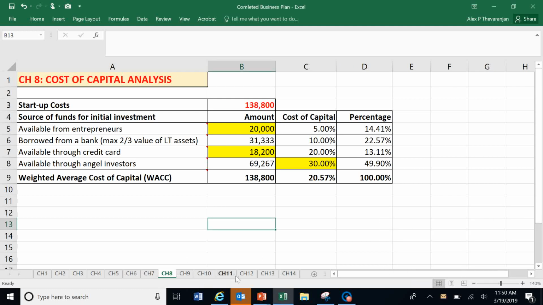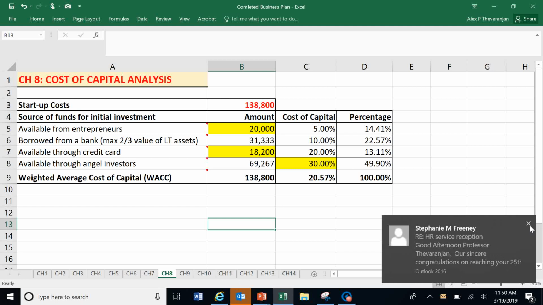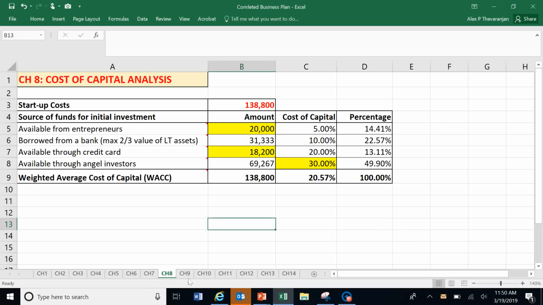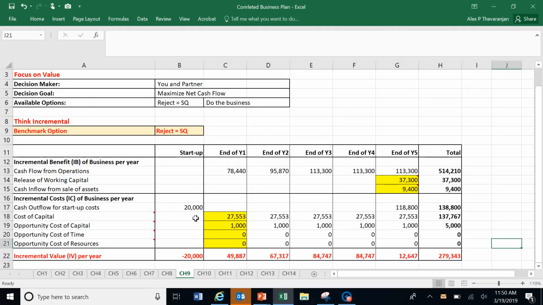So that's one of the costs. You have to remember, cost is what moves you away from your goal of cash flow. So you put in $20,000 of your own money, and then you see what you get in return: the incremental benefit of doing this business. Compared to rejecting it, by doing it you will generate these cash flows.